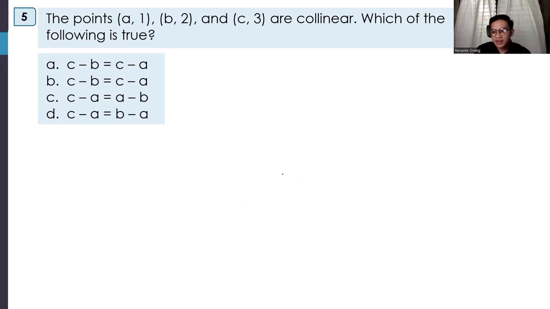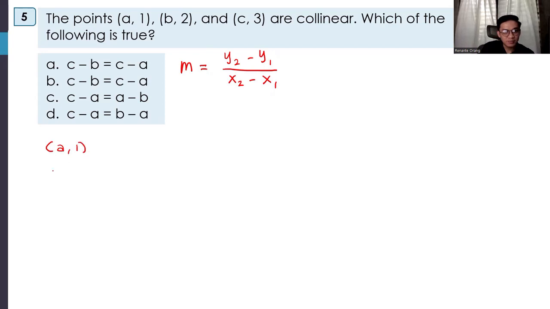Ibig sabihin ng collinear is the same po sila ng slope, which is M, which is our slope, is equivalent to y sub 2 minus y sub 1 divided by x sub 2 minus x sub 1. So, for this one, isa-set natin, we have A(1) and B(2). This is our first distance or point to point.